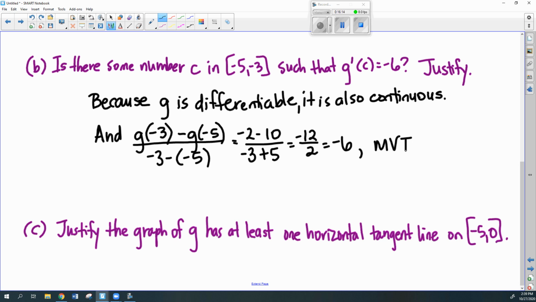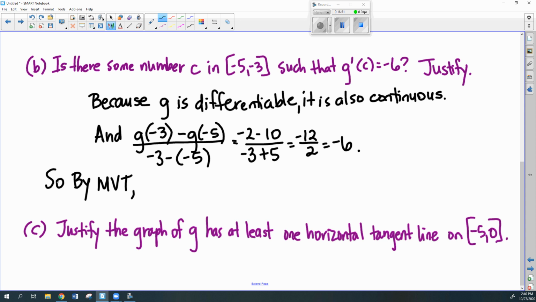MVT guarantees, let's say it a little bit different. I will kind of do it like we did the last by MVT. How do I want to say this? I'm getting myself confused. Because g is differentiable, it's also continuous. And we get a difference quotient equal to -6.